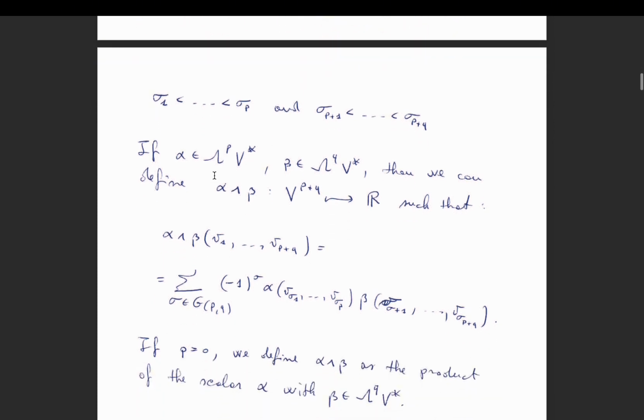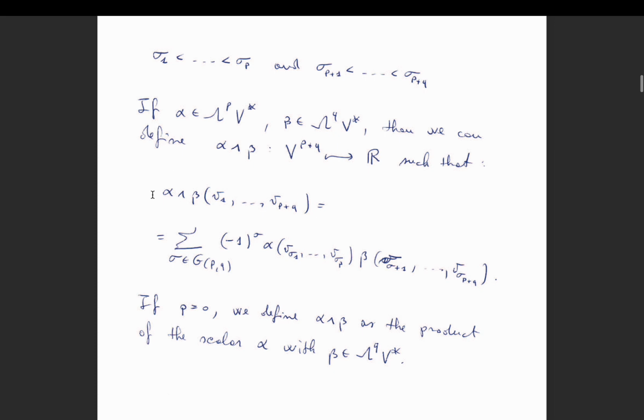Now, if alpha is a p form over V and beta is a q form over V, given a set v1, ..., v(p+q) of vectors of V, we can define the product of these two by writing alpha wedge beta of v1, ..., v(p+q) equal to the sum over sigma belonging to G_pq of alpha of (v sigma 1, ..., v sigma p) times beta of (v sigma (p+1), ..., v sigma (p+q)), obviously multiplied by minus 1 to the power of sigma.